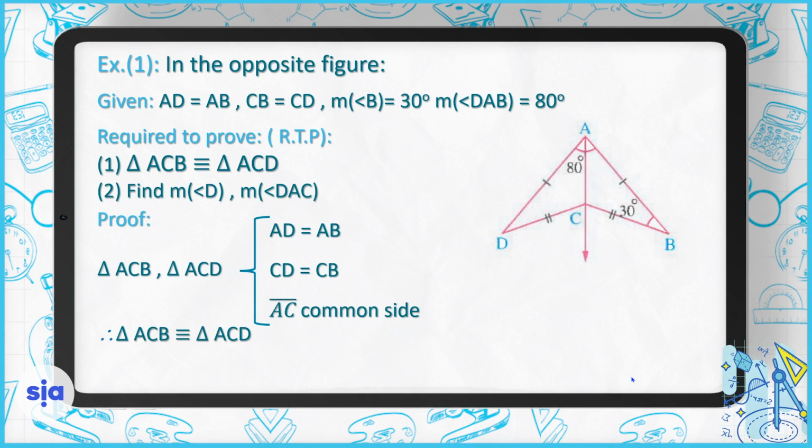For the second requirement, let's first find the measure of angle DAC. The measure of angle DAC is equal to the measure of angle BAC, which is half of 80, which is 40 degrees, while the measure of angle D is equal to the measure of angle B, which is 30 degrees.